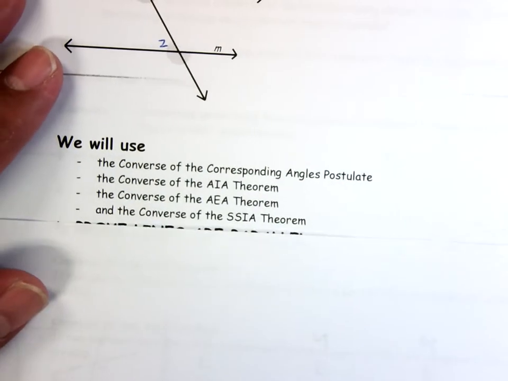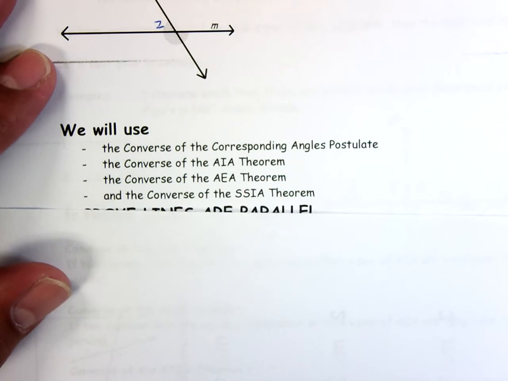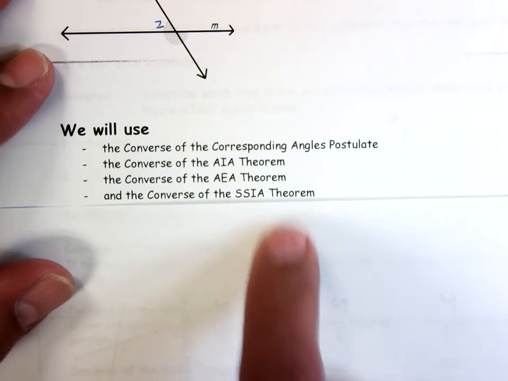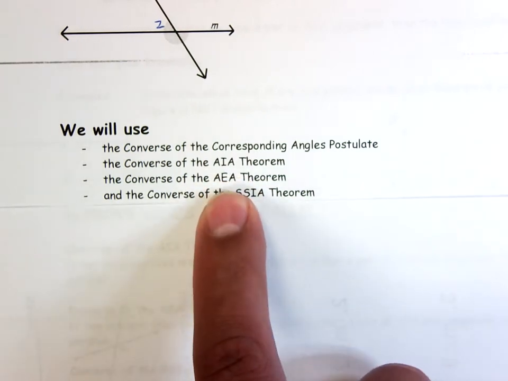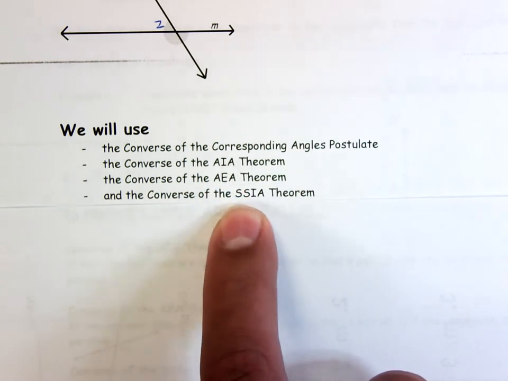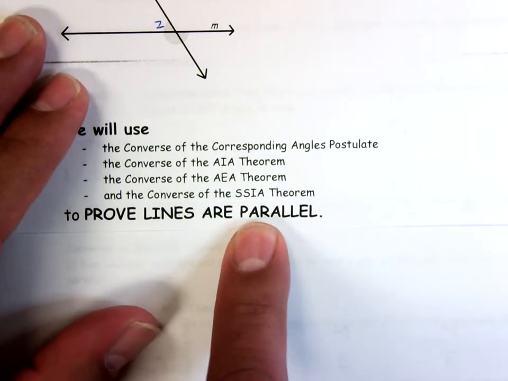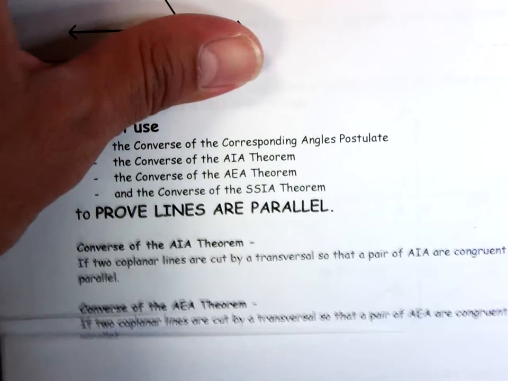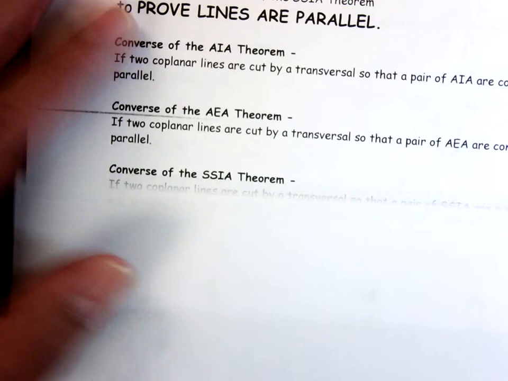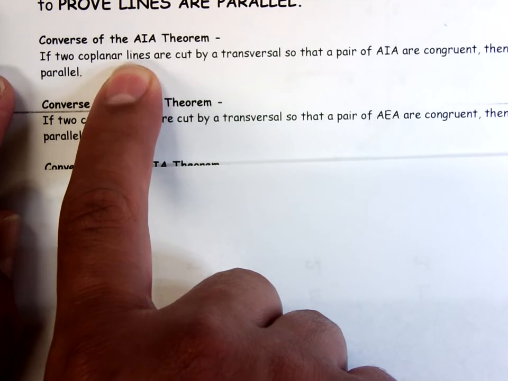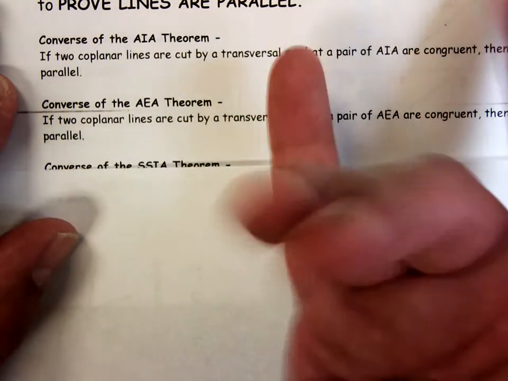So now we're going to use the converse of the corresponding angles postulate, the converse of the alternate interior angles, alternate exterior angles, and same side interior angles to prove that lines are parallel. Alright, so this is the converse of the alternate interior angles theorem. Remember, it's just the alternate interior angle theorem flipped around.